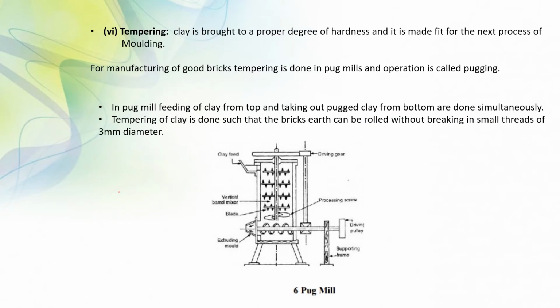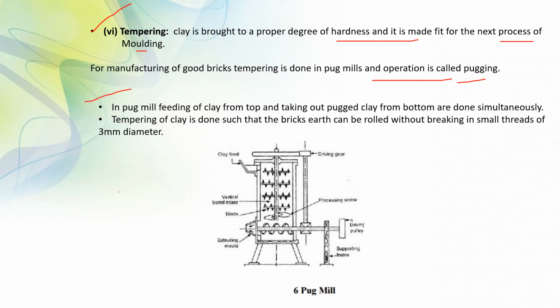And last, tempering. Clay is brought to a proper degree of hardness and made fit for the next process of molding. For manufacture of good bricks, tempering is done in pug mills and the operation is called pugging.